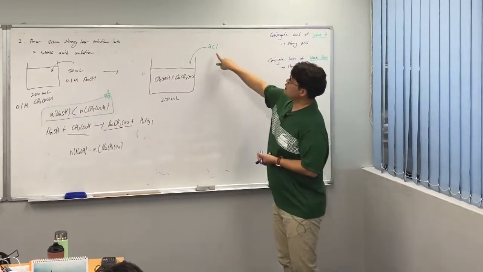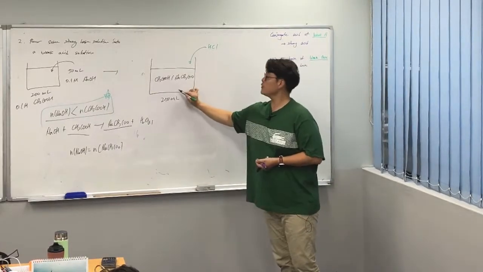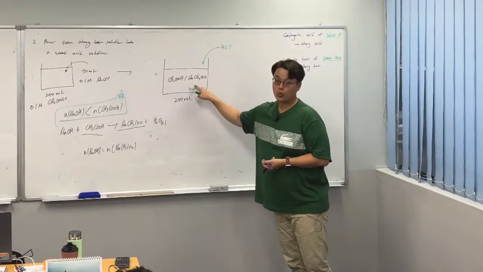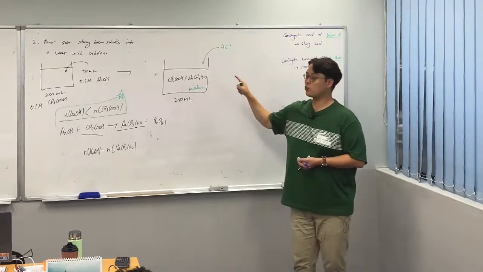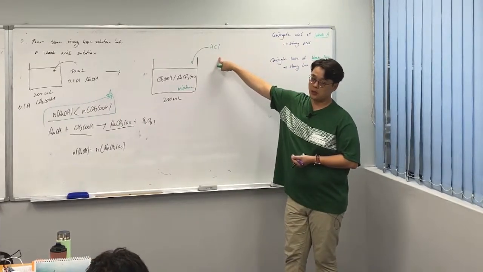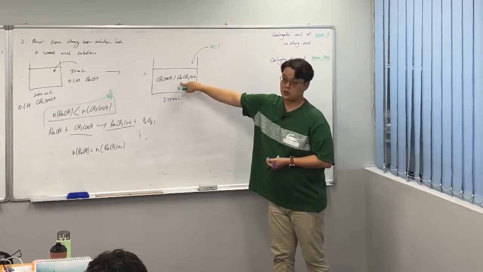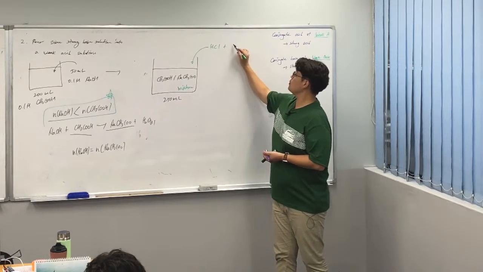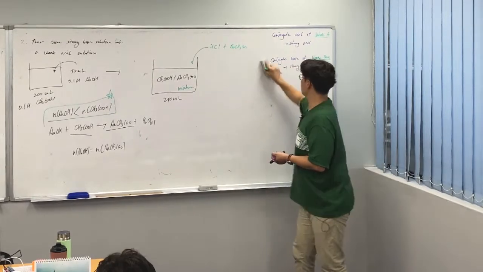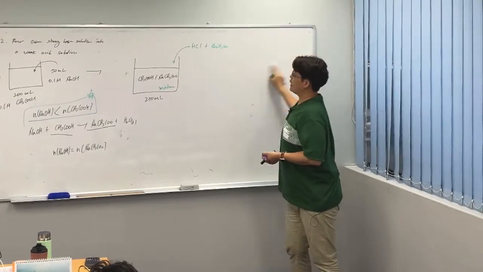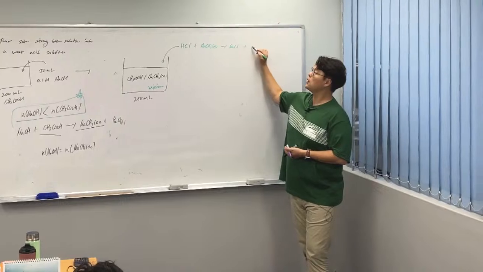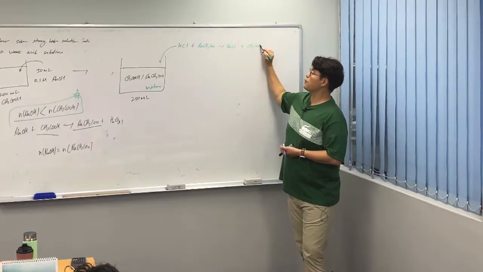If I put some hydrochloric acid into this mixture, which of these two will be reacting with the hydrochloric acid first? Sodium acetate. So the hydrochloric acid will now react with sodium acetate. And what would be the product? We have sodium acetate and a weak acid, which means producing sodium chloride, and we get acetic acid produced.